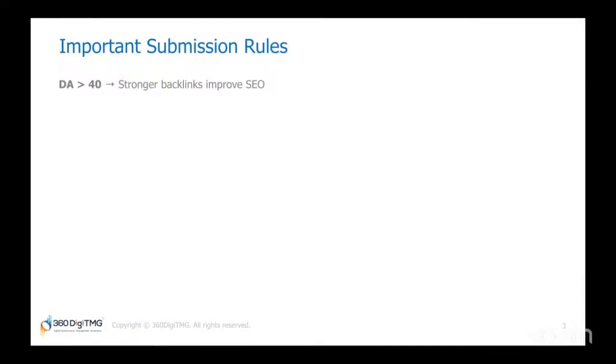DA is not a parameter of Google. Google's parameter is page authority, that is PA, right, friends? Before doing any submissions, we need to find out the domain authority. We need to do submissions on sites above 40 DA.